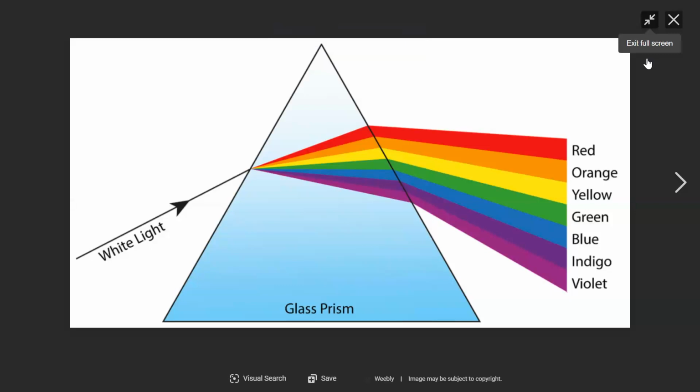You can see that white light is being made to pass through the prism, and after passing through the prism, this white light is scattering, it is breaking down into its constituent 7 colors. So a continuous band of 7 colors you can see, Vibgyor. Is it clear, the emission spectrum?